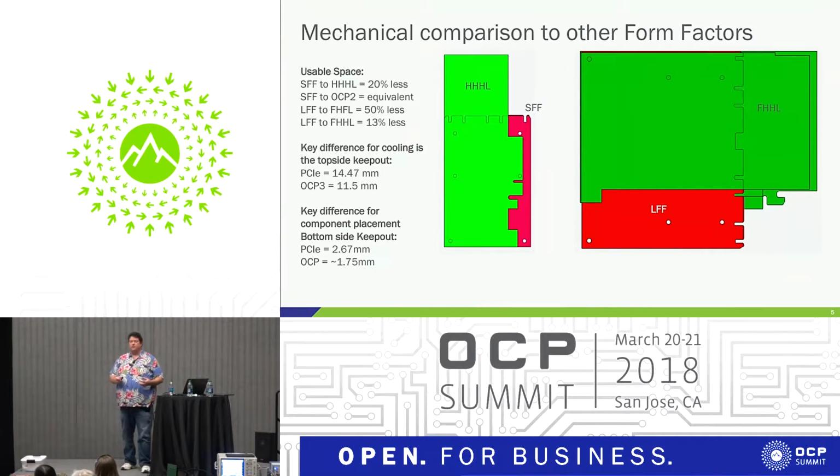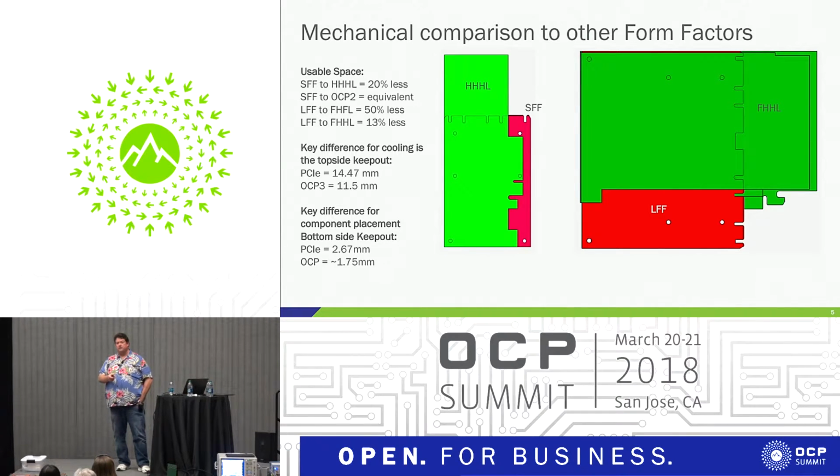So I have a little graphical representation of what Joshua showed about card sizes. On the left, you have a low profile half height, half length card, and the small form factor. There's about 20% difference. One difference between what I said and what Josh said is the small form factor and the OCP2 are about equal.